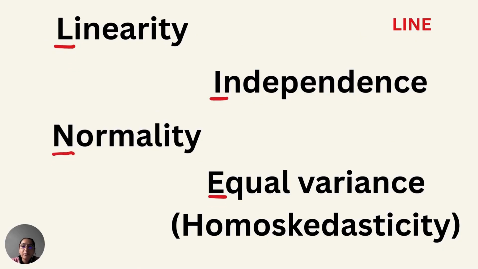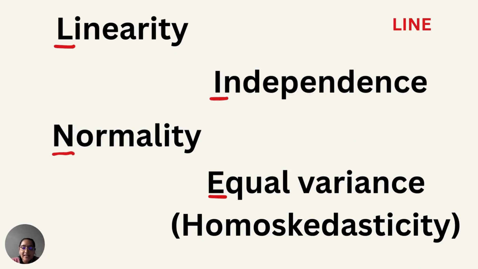So the four main assumptions for a linear model include linearity, independence, normality, and homoskedasticity, also called equal variance. So the LINE acronym can help you remember them.